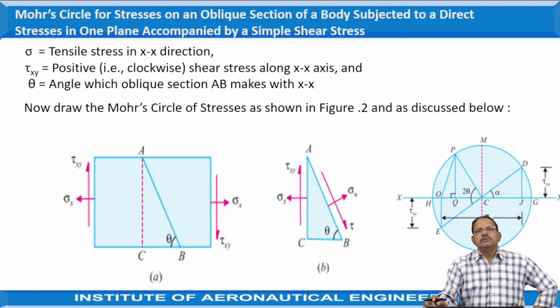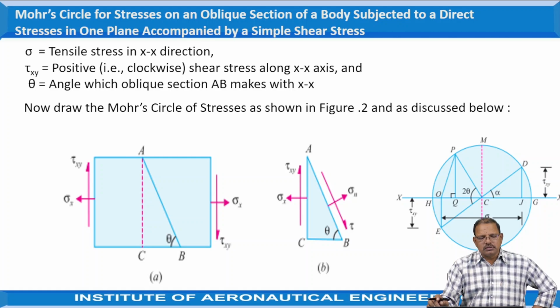The Mohr circle for the stresses on an oblique section of a body subjected to direct stresses in one plane accompanied by simple shear stresses. Here consider a body again having uniform cross section and uniform thickness as shown in the figure.